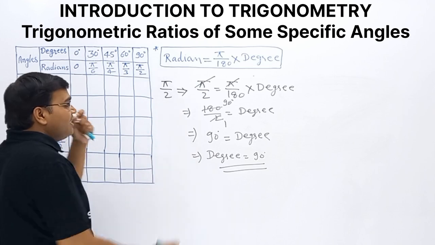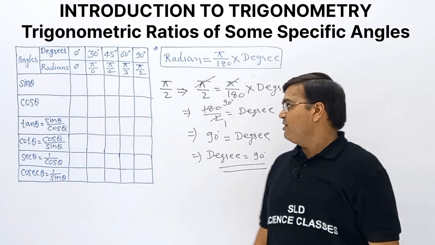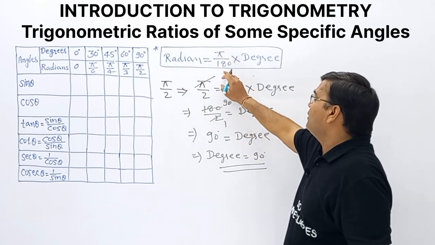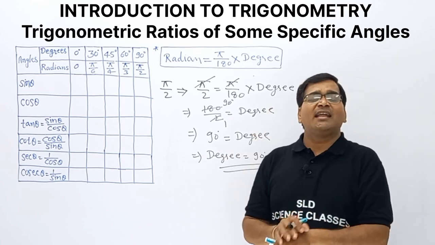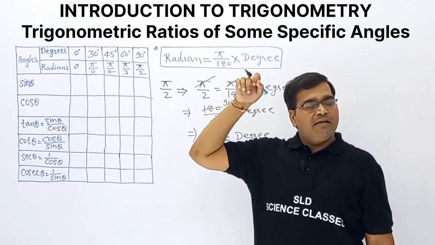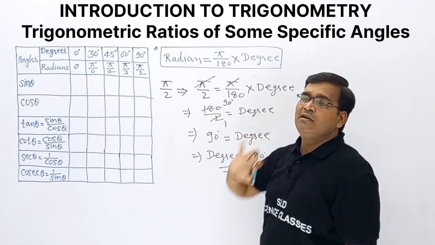So pi by 2 radian will be 90 degree. Once we know this formula, radian equals pi upon 180 into degree, if we have degree, put it there, solve, and we get radian value. If we have radian value, put it there, solve this one, and we can find degree.